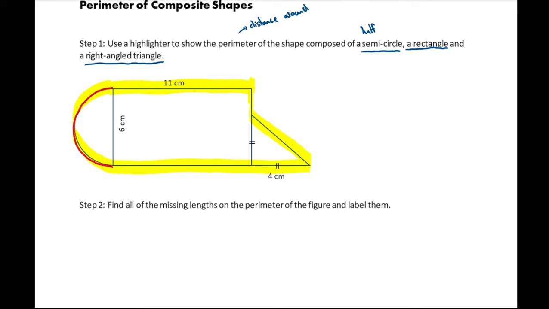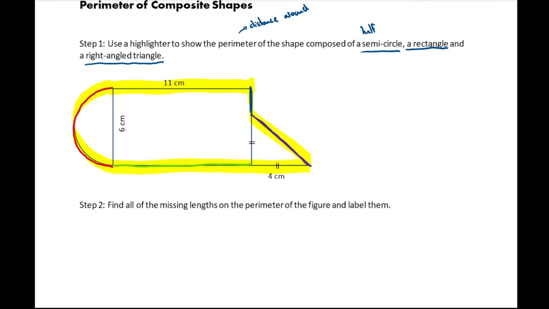We're missing this portion down here in green, we're missing this little portion here in blue, and we're missing this portion here in purple. So those are the missing lengths that we need to determine.